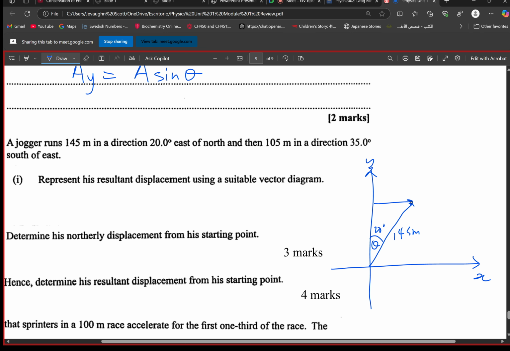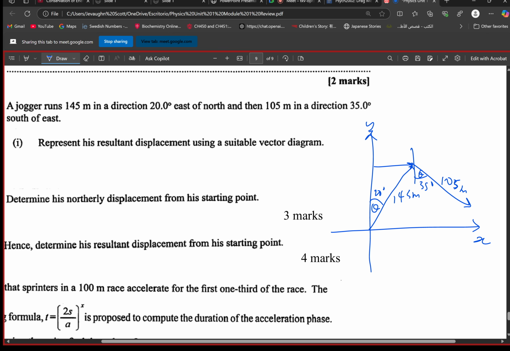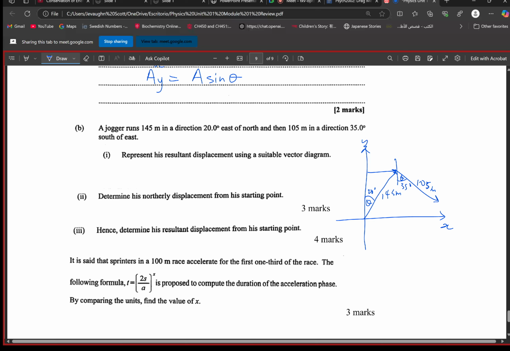You moved down, so you moved south. So 35 degrees south. Here, the angle would represent south of east. And this would be 105 meters, and this is 35 degrees. You should be able to represent that a little bit neater on some diagrams. Alrighty?